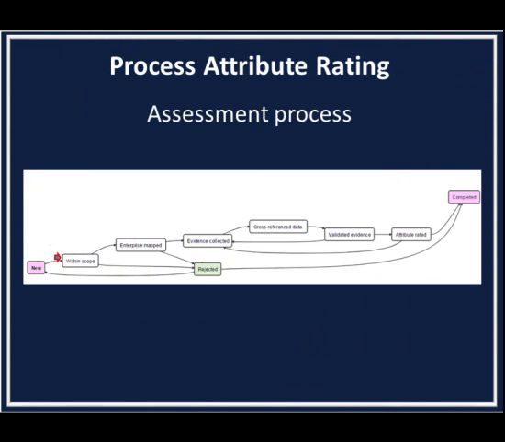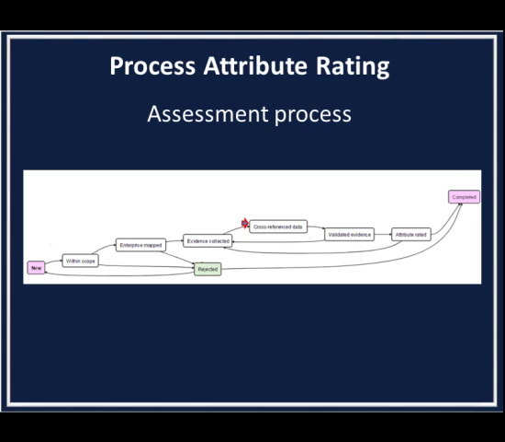Assessing capability. The assessment process starts with identifying the activity or work product as being within scope. Map this activity or work product to the enterprise process. Collect evidence to support the performance of the activity or the work product.